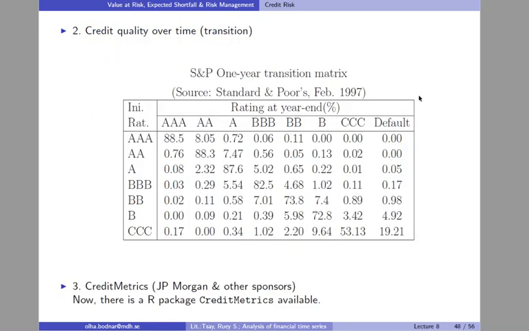Now, for credit quality over time, I mean transition rating, Standard & Poor's uses this 1-year transition matrix, in which these are the probabilities, in percentage, of going from this state to this state. So if you sum all this, they should come close to 100%.